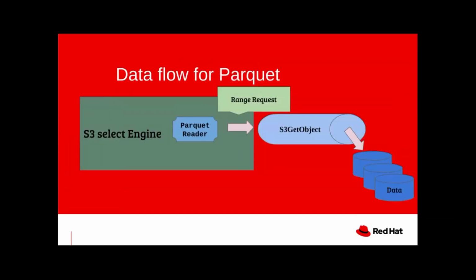Okay, as for Parquet. Parquet is a binary object. It's a columnar object. We'll explain about that a bit more. This type of object contains a lot of metadata. It enables the reader to skip non-necessary information.